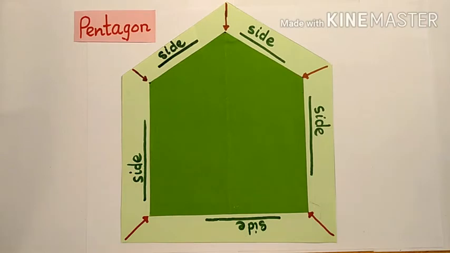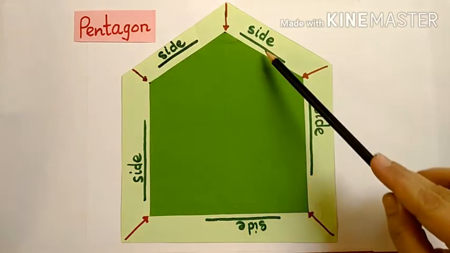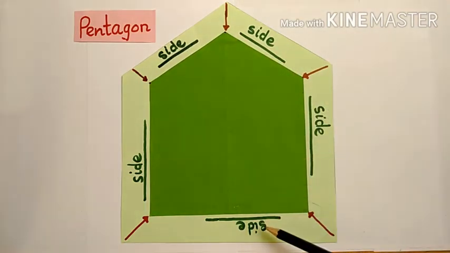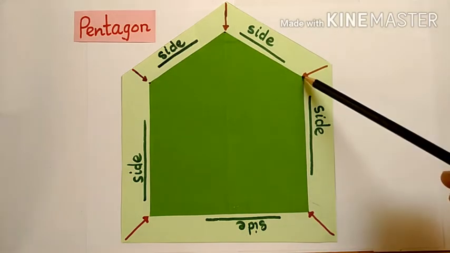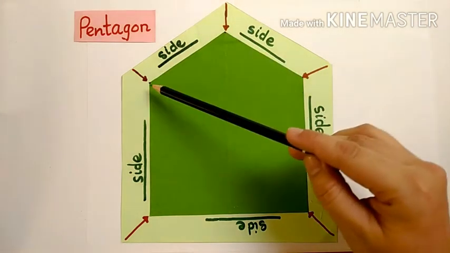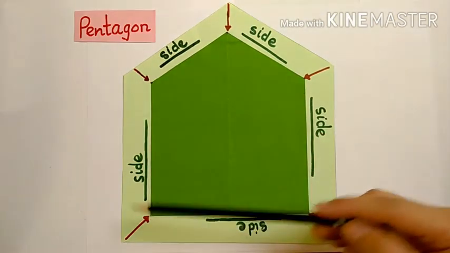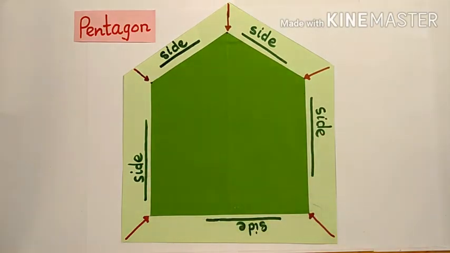Now let's count how many sides it has and how many vertices. It has 1, 2, 3, 4, 5 sides and 1, 2, 3, 4, 5 vertices.